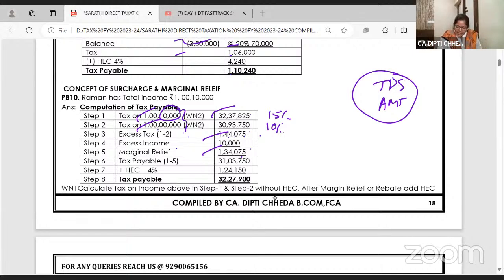After taking this 10,000 extra, keep that much tax, and the rest I get as rebate of 134. But this rebate should be deducted from what tax? Original tax, 30 to 37, because your income is 1 crore 10,000. Now whatever is the final tax payable, if you calculate these taxes with health and education cess, it goes wrong. Marginal relief is always without the cess. That's the pitfall you have to remember.